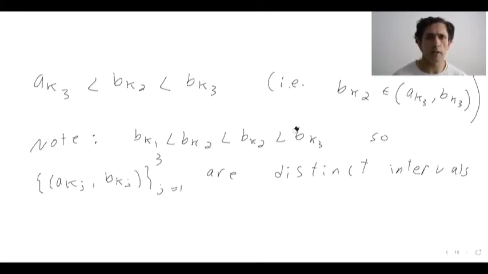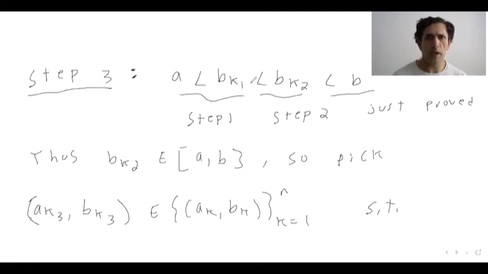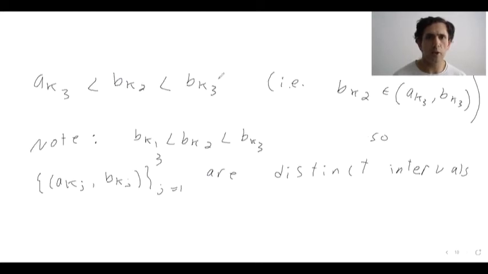BK1 is less than BK2 right here. BK2 is less than BK3 right here. So in particular, the right endpoints of these intervals are all different. In theory, we could have the AKJs all the same, but that's fine. We just have 3 distinct intervals because the right endpoints are all different.